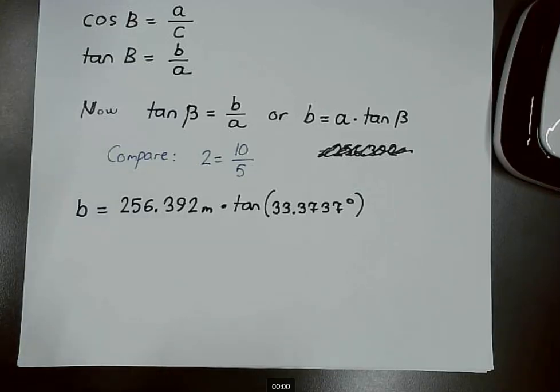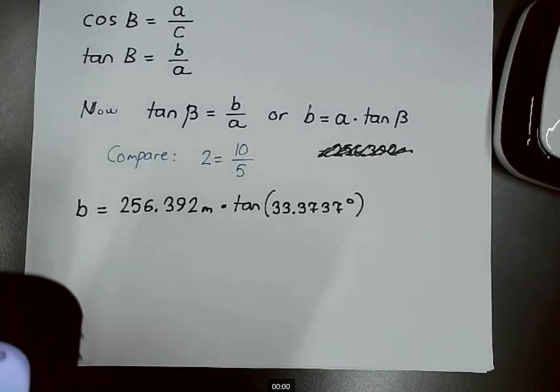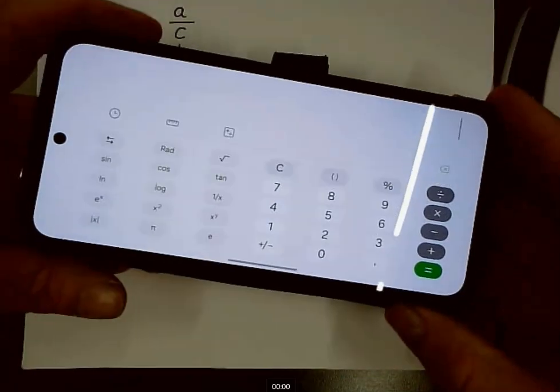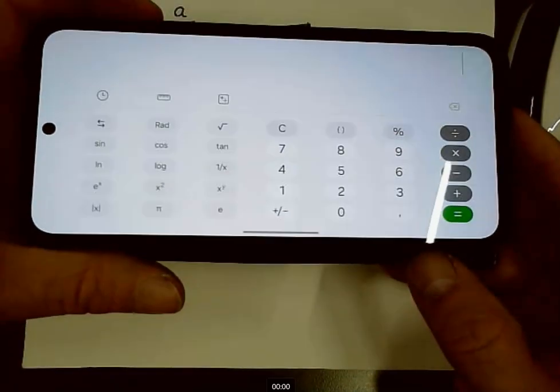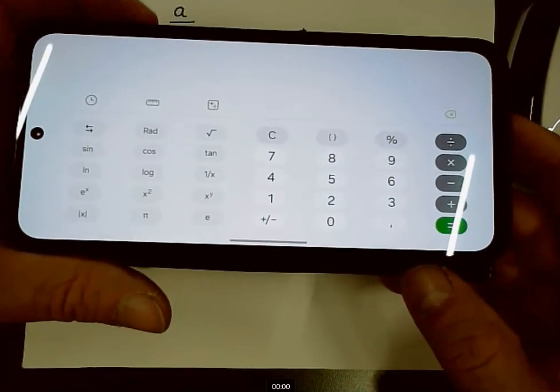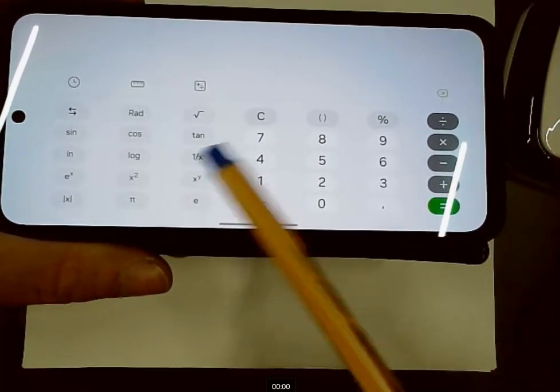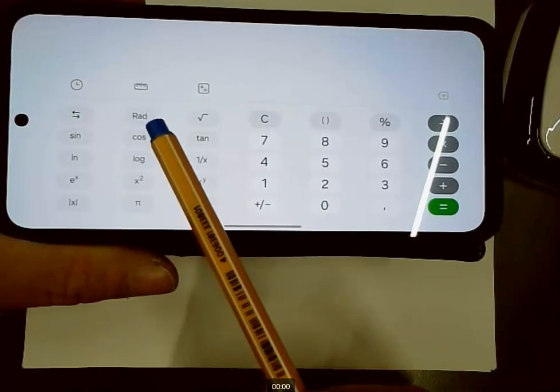Using mobile phone calculators, I'm not so pleased with these calculators, but I know that many students use this. I will try to show. This is the simple calculator, but if I change it like this, this is somehow stupid, at least this application, because there it is said that it is rad.